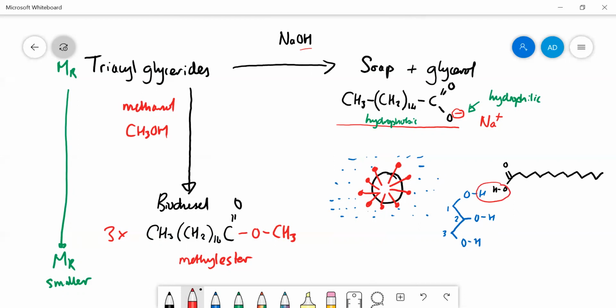Yeah. So if I just draw now what the finished thing is going to look like, you've got your final carbon with that on it, with the O, and then you're going to have all the other ones there like that.